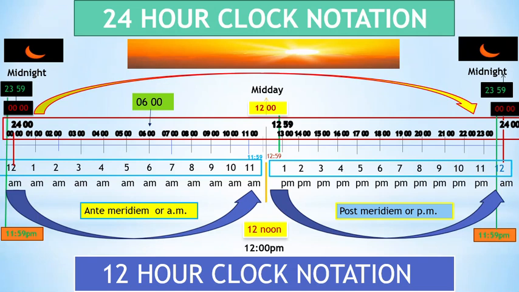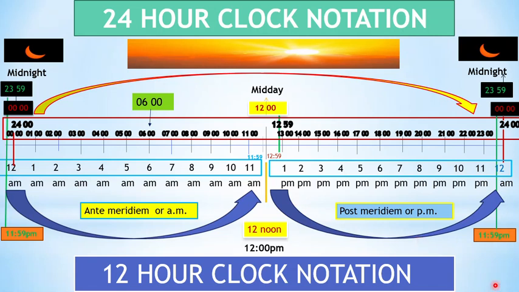We are going to study two ways of representing time, that is 12-hour clock notation and 24-hour clock notation. We will begin with 12-hour clock notation. As you all know, there are 24 hours in a day, and these 24 hours are divided into two halves in the 12-hour clock system.